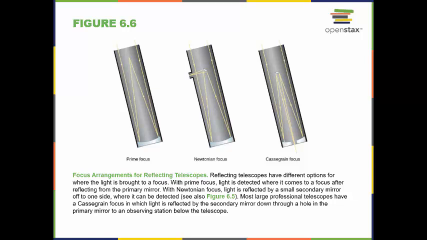The Cassegrain focus, instead of having the image focused through the side of the telescope, has a hole in the concave mirror, and it sends the image through that hole. Once again, if you were to take a picture, there wouldn't be a black spot caused by that secondary mirror. You still get a full picture of the universe.